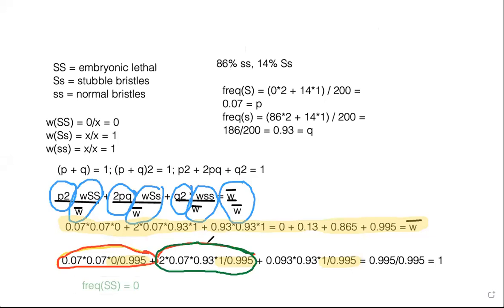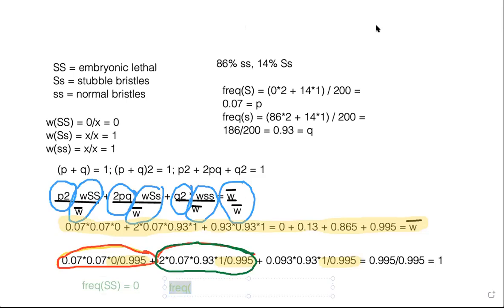And that is going to be 2 times 0.07 times 0.93 times 1 divided by 0.995. And that is 0.131.